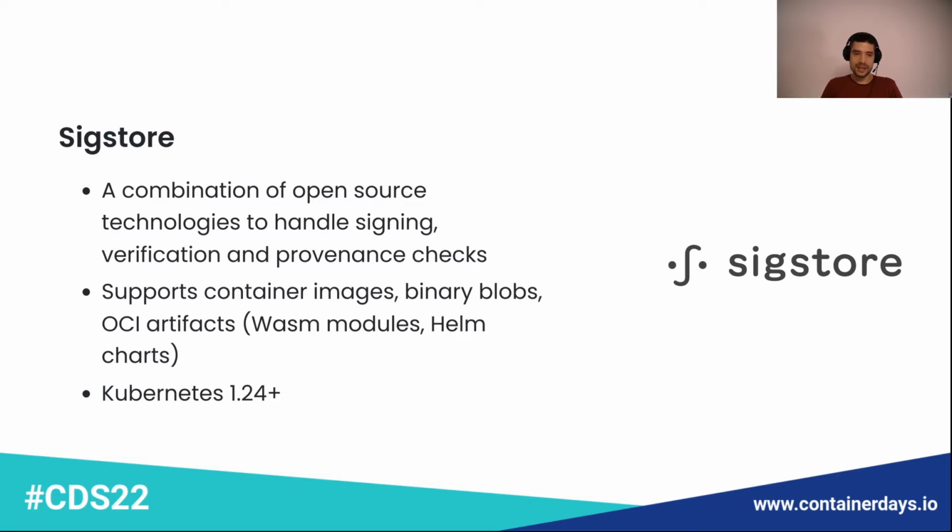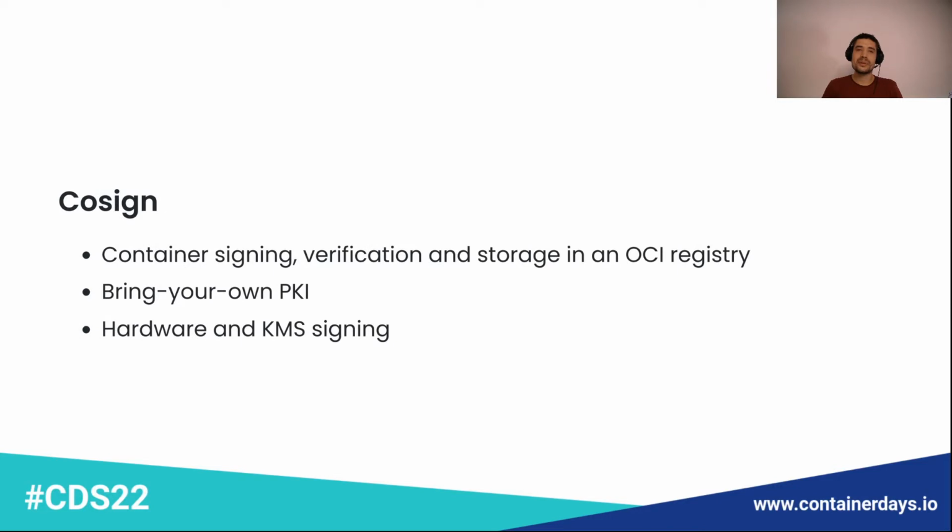So let's see some of the tools that Sigstore provides. The first one I'd like to talk about is cosign. It's the tool we actually use for the signing and verification of the container images. When you sign an image, the signature is stored in an OCI registry. You can use your PKI if you already have one.